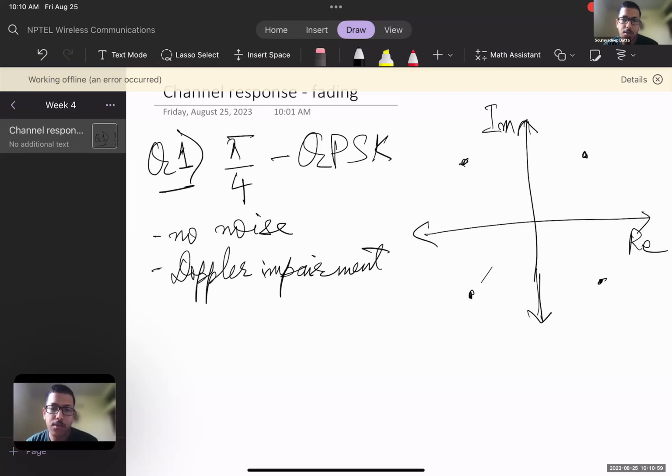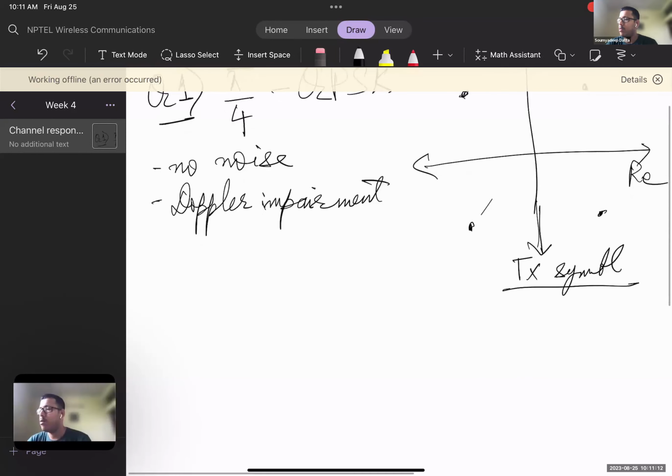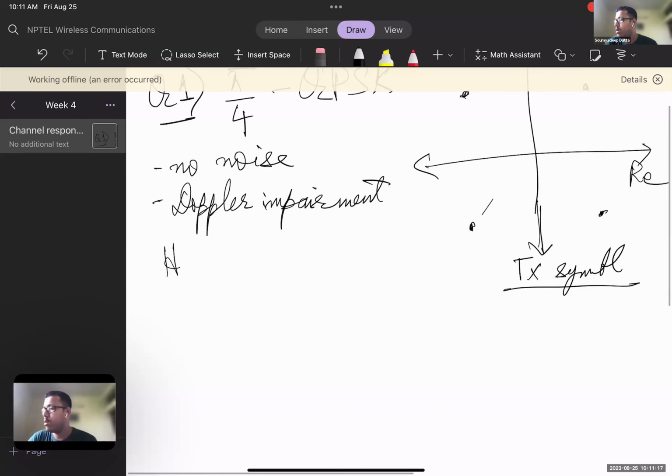This is the original transmitted symbol, let's say. How will the received symbol look?